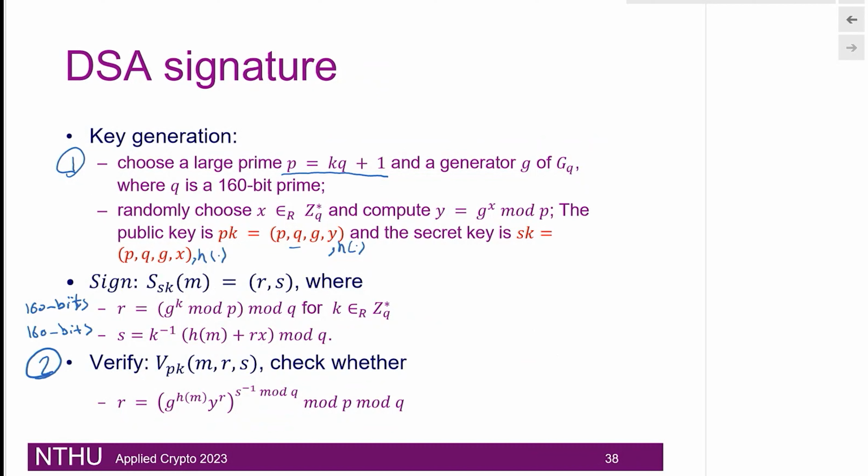signature. Because every time you get to sign something, the total length of the signature of SK on message M is going to be 320 bits, right? By only transferring 320 bits, you can compute and transfer the signature.